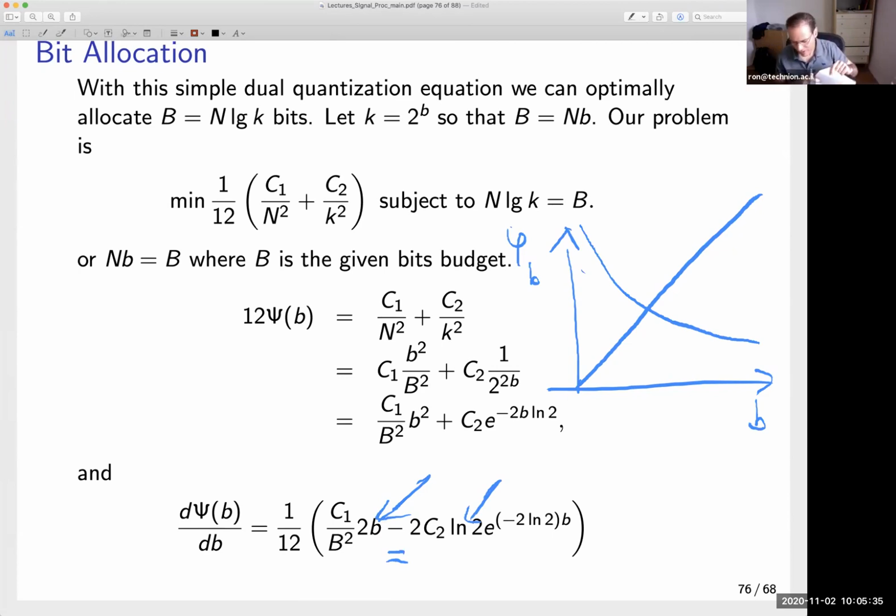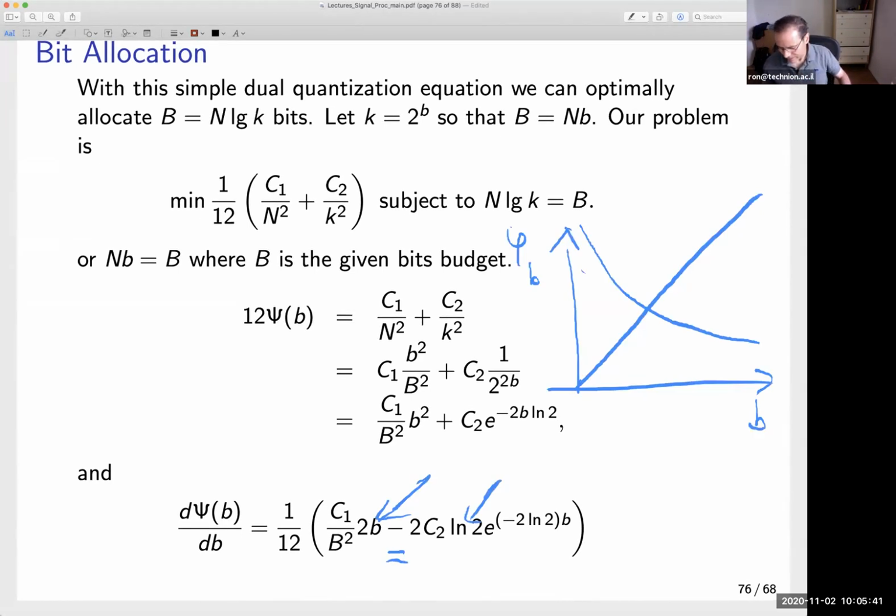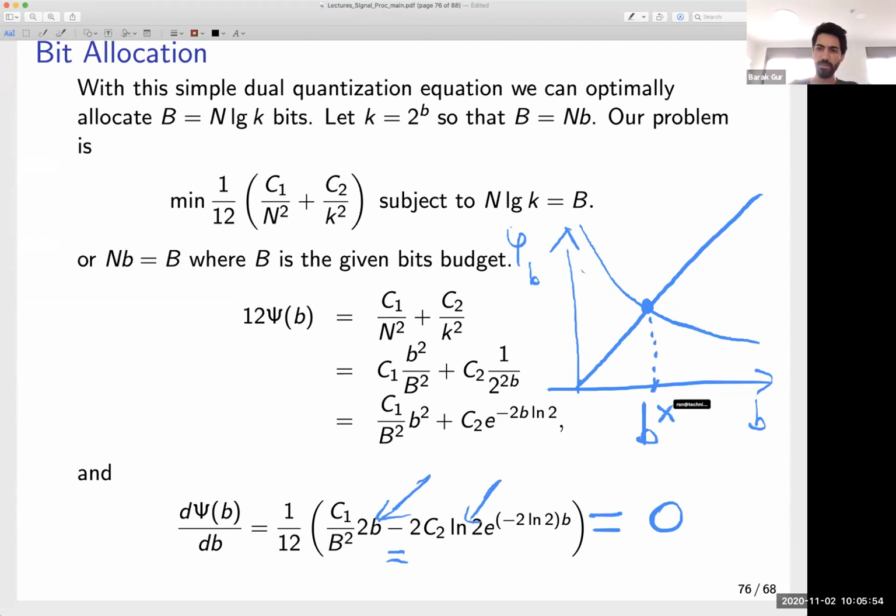Yeah, so I probably did something right. So again, this is what is going on, and this point, the intersection point, is exactly the point where I'm getting this derivative equal to 0. So this would be the optimal b, and let's write b.